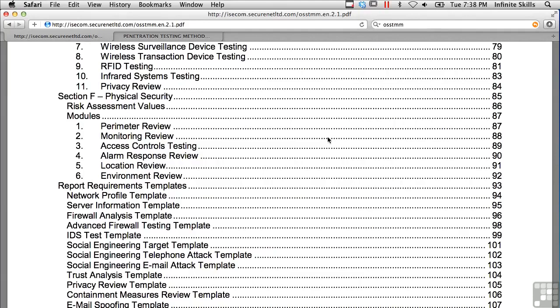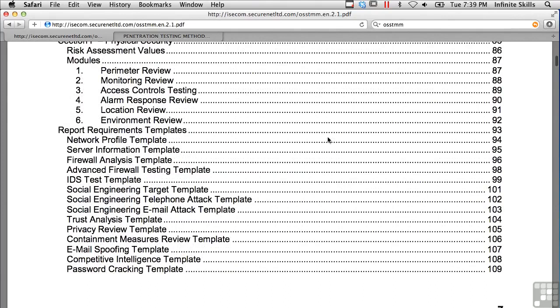This would fall under the environment review. There's things like a clean desk policy, and whether people have left information up on whiteboards that could be gathered by visitors coming through the building, or whether there's sensitive documents that have been left out on people's desks.